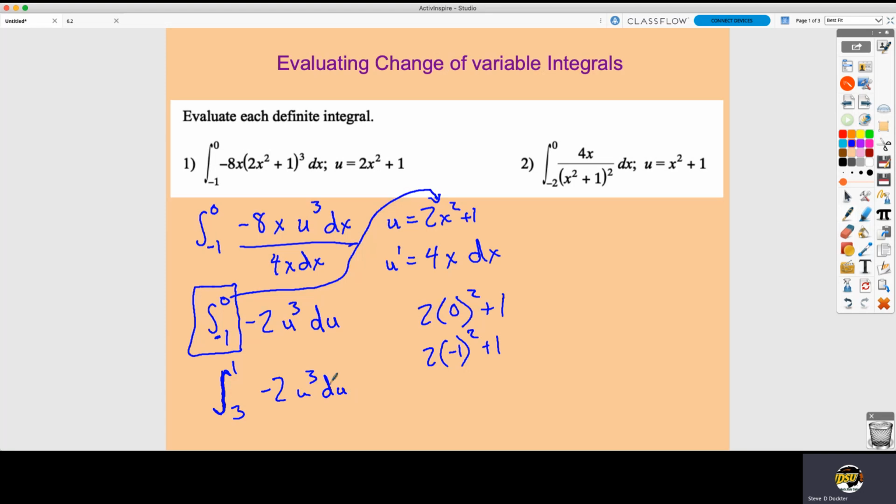Now, when you're using the calculator for this, we've already changed our 0 and -1 to a 1 and a 3. When you type in your calculator, you can put a u in there if you want, or you can just put an x in there. It doesn't matter which way you go there. And then you just type it in exactly the way it says there.